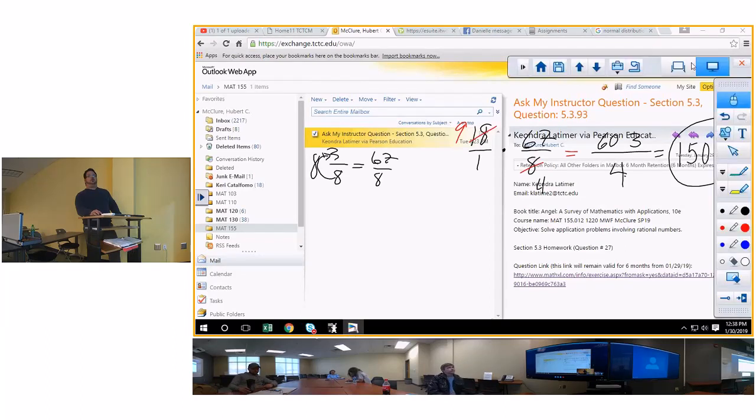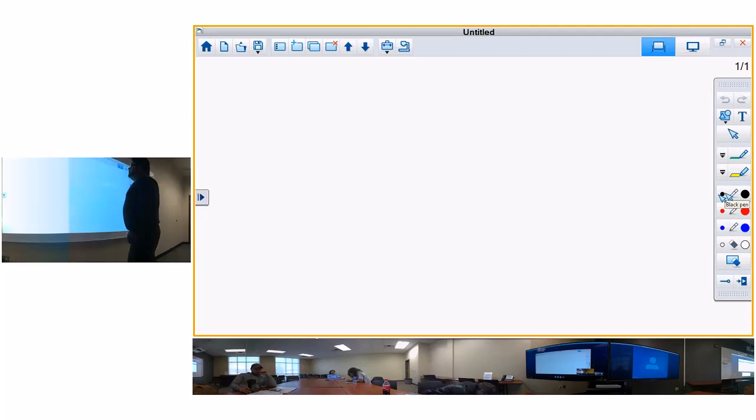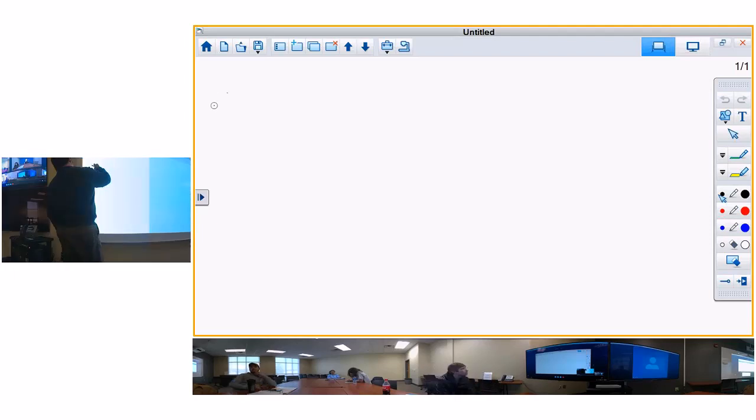Let's review several of the exponential laws right quick. The 3 that I want to cover for scientific notation are the power rule, the product rule, and the quotient rule.